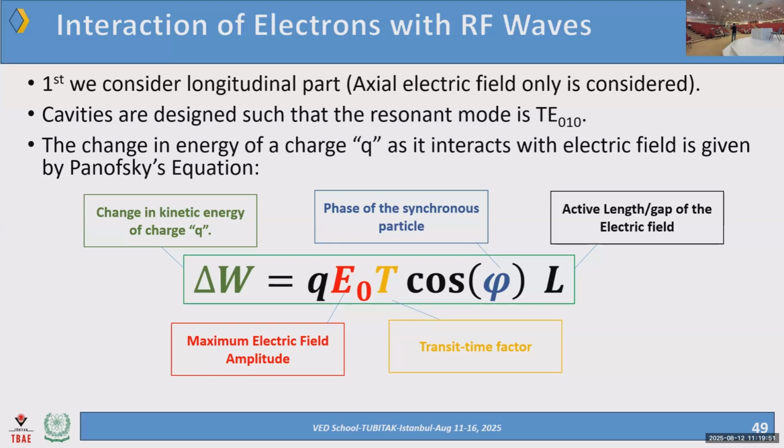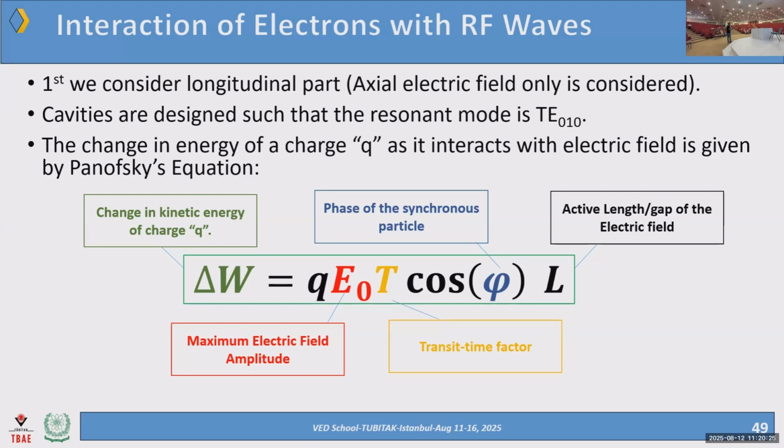The gap between these two is the accelerating gap, the gap where the electric field is established, the gap where the field is maximum. So this length L is representing the active length, or the gap, where the electric field is. This cos phi is the phase of the field.